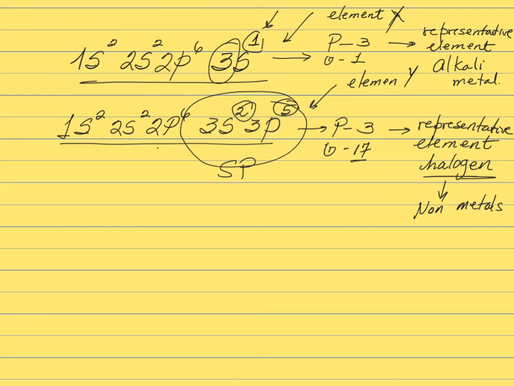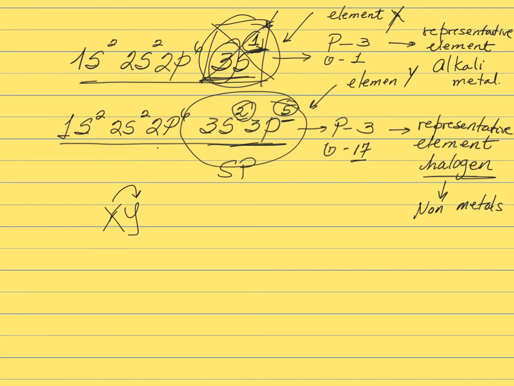Why is that important? Because when elements are looking for stability, they are going to start bonding together. And look over here, the ionization energy is less in this one, so it's going to be easy for this element to lose that electron. Who's going to gain that electron? The Y element is going to gain that electron, and that's how X and Y are going to be able to form an ionic compound.